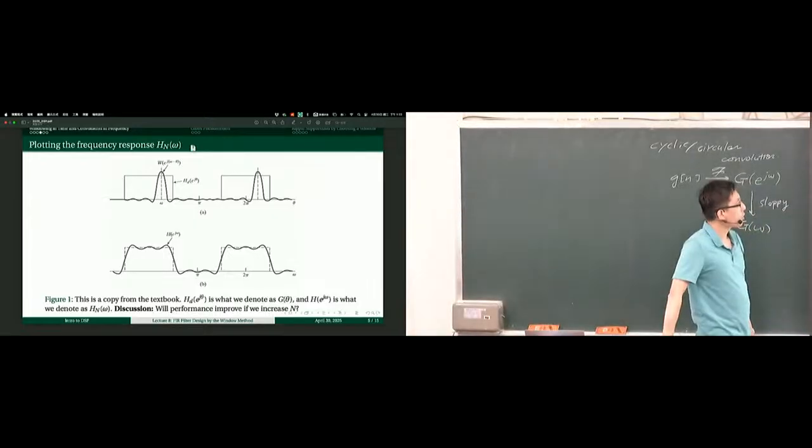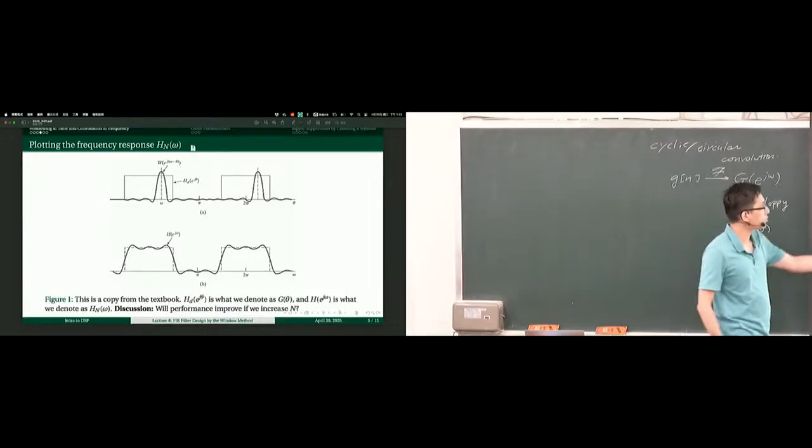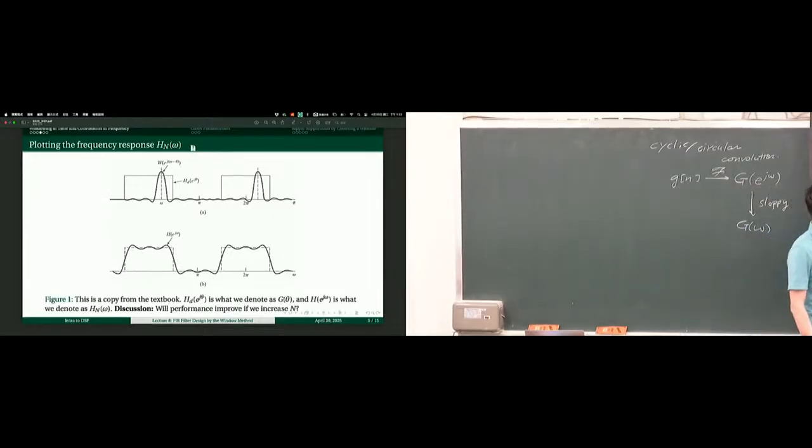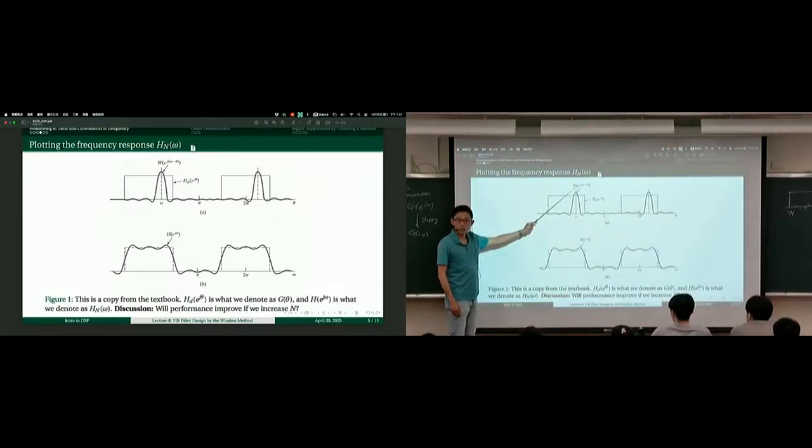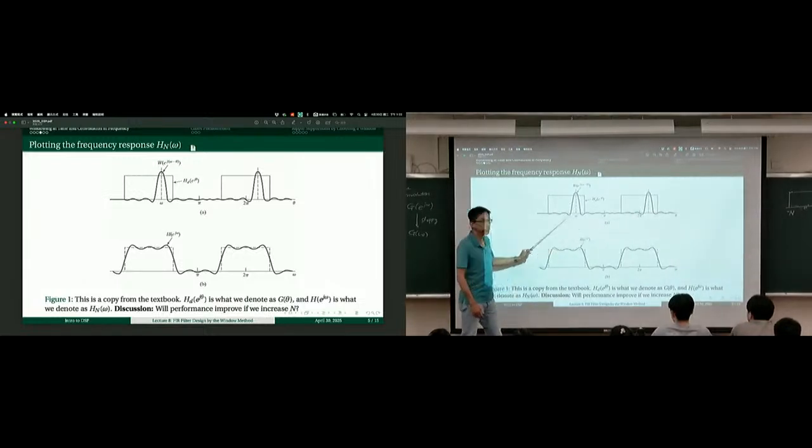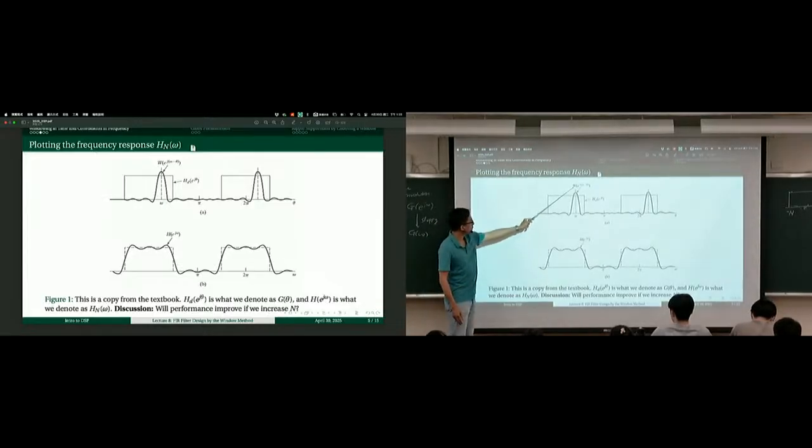So therefore, we multiply in the time domain, and then we need to study the Fourier transform of the rectangular window, which looks like this. It also repeats itself every 2 pi. In this particular plot, we shift big W by omega.